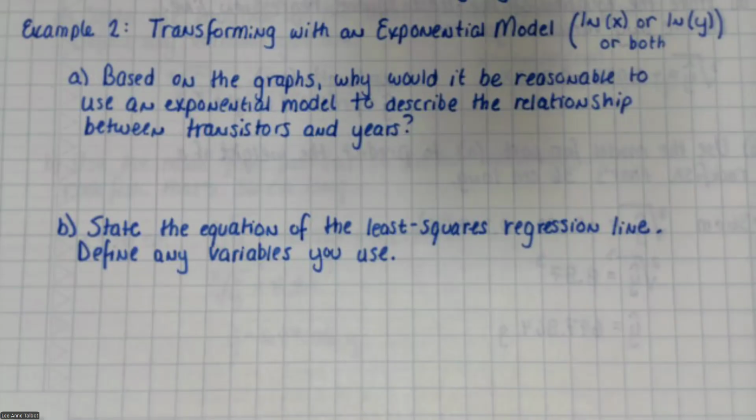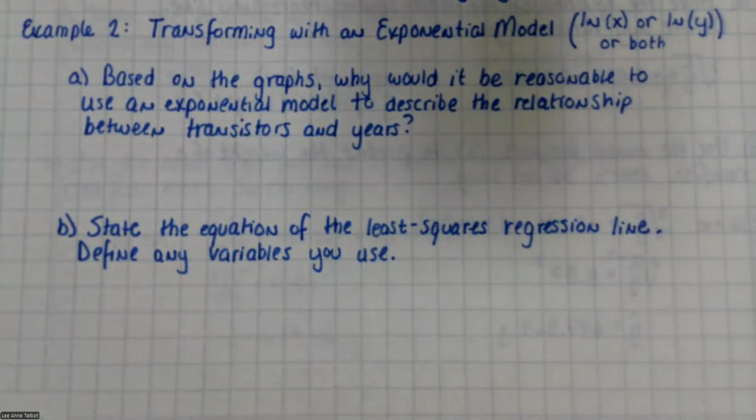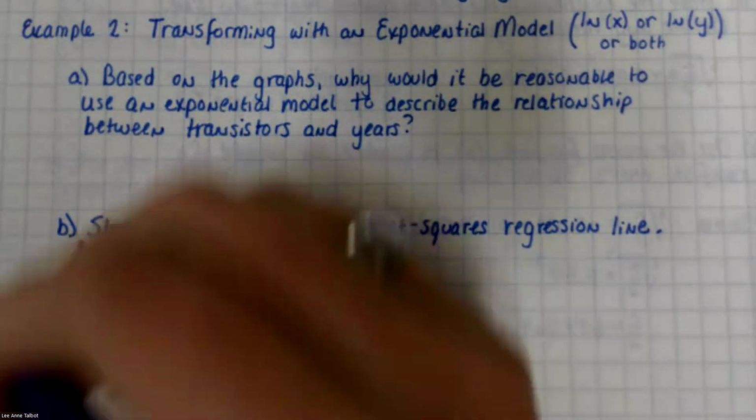So to answer the first question, take a look at the second scatter plot. I'm going to ask you two questions. Is it a reasonable model looking at the second scatter plot? Yes. Okay, it's linear-ish, good enough. So what should we say? Look up at your notes in example 1A. What should we say?